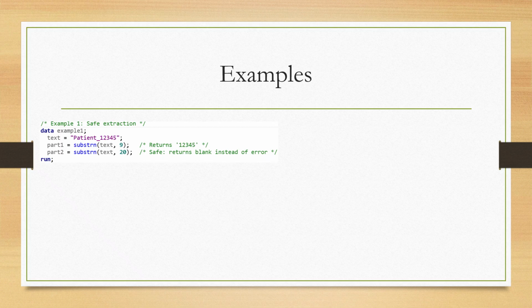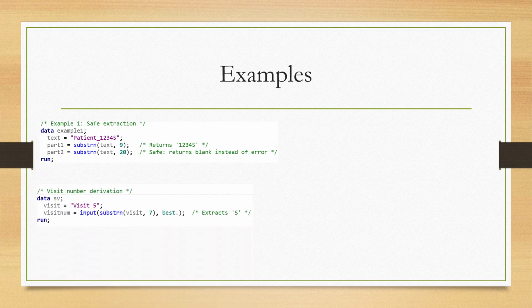However, when we are using the SUBSTRN function instead of SUBSTR and giving the same starting position of 20, it will return blank, but it will not throw an error. So in this way, you can notice that the SUBSTRN function is safer to use instead of SUBSTR in such cases where we are giving a position which is longer than the length of the text value.